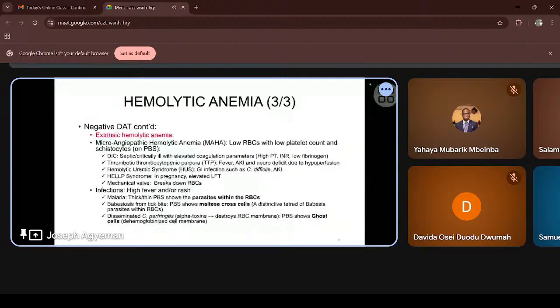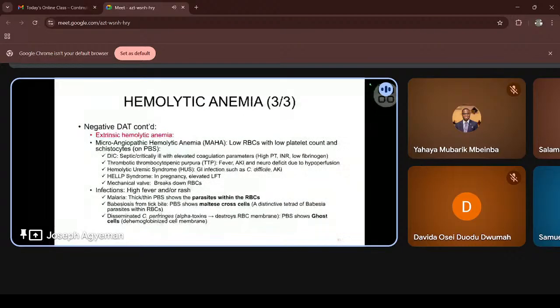Typical characteristics are the red cells being low. Of course, there is anemia, with thrombocytopenia, so a low red cell count with a low platelet count. And one other striking thing is that the red cells that are present normally appear shattered, blasted. It's like we've thrown a bomb at those red blood cells.